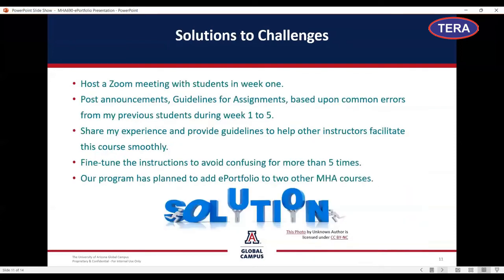In my own classes, I host a Zoom meeting with my students on day 2 of the class, explaining all learning activities due in each week and addressing their concerns. After teaching a few classes, I started posting announcements and guidelines for assignments based upon common errors found from my previous students during weeks 1 to 5.